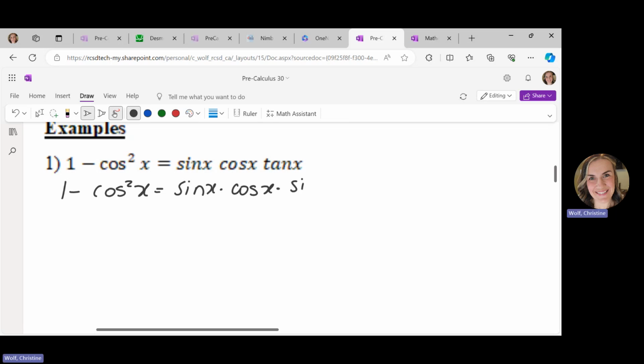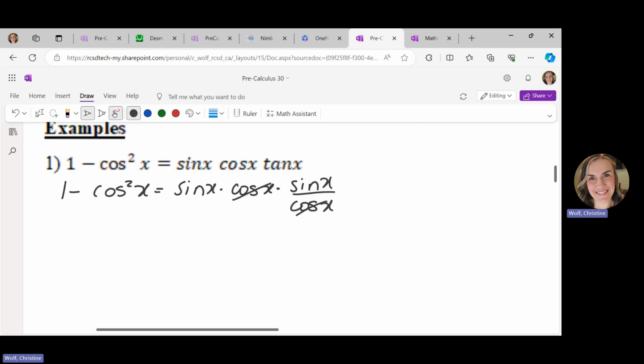And then instead of tan, I will rewrite that as sine over cos. And the reason we want to do that, because now on the right side, I can cross stuff off. So on the right-hand side, we are going to cross off a cos and a cos.